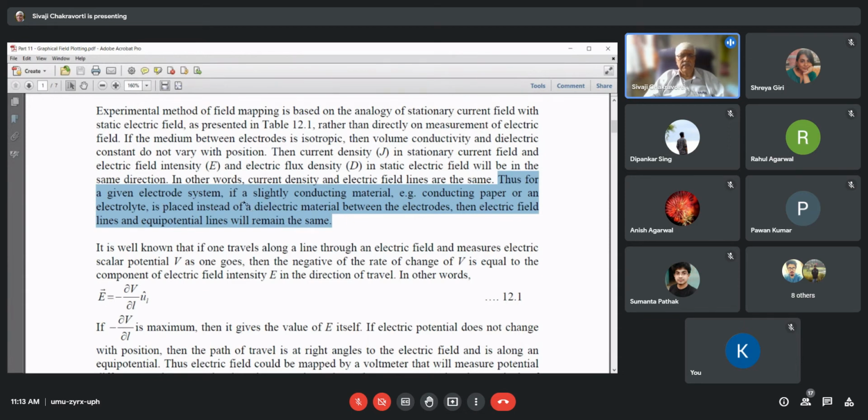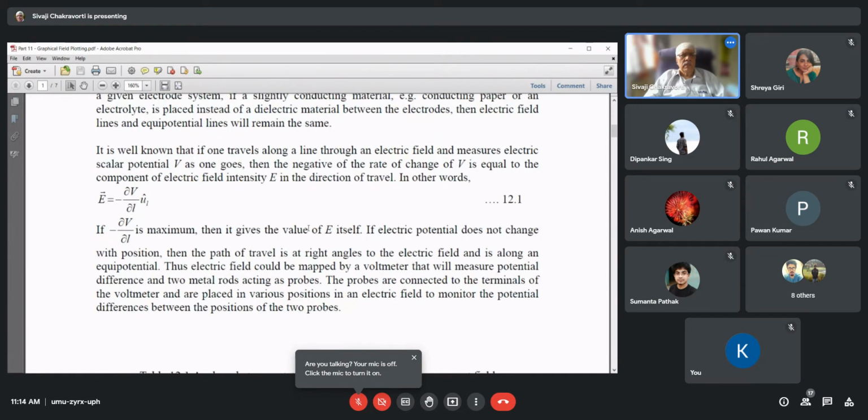Now you can ask why slightly conducting material. You can clearly see that for an ideal dielectric material, there will be no current through it, so it should be completely non-conducting. But we know that in any dielectric material the current is never zero, so we put a slightly conducting material so that this analogy remains the same.